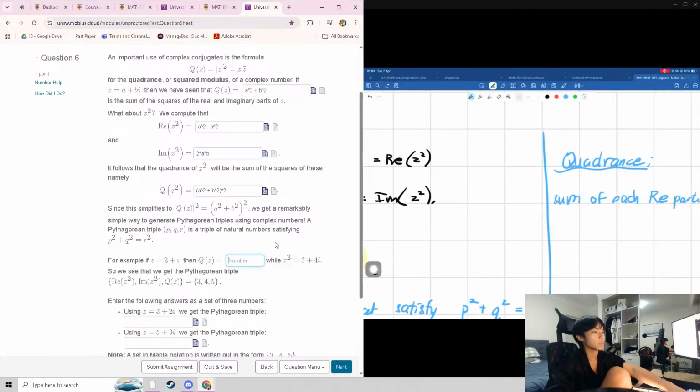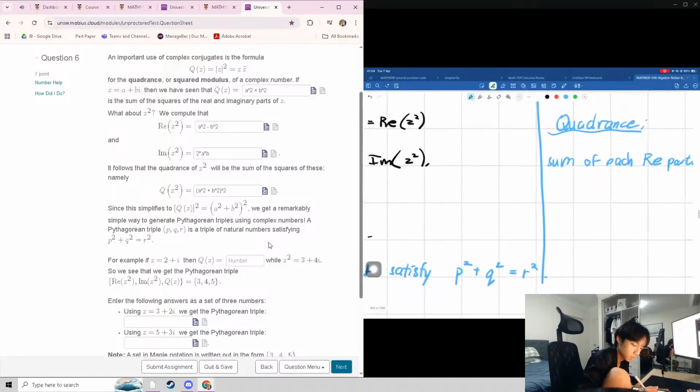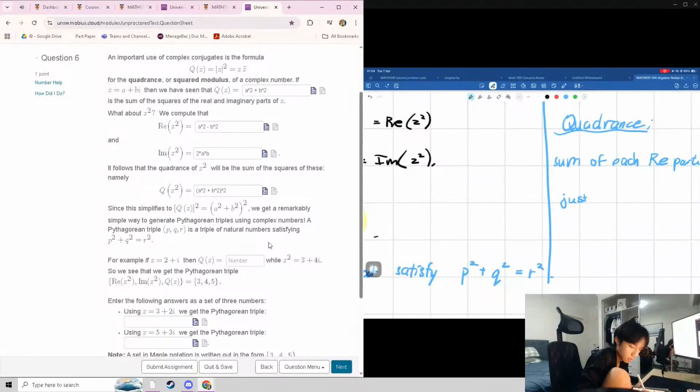Nope. Let's think about this. If z is equal to 2 plus i, then the quadrants of z, just remember q of any z is equal to z times z.